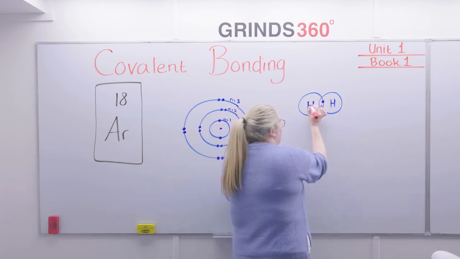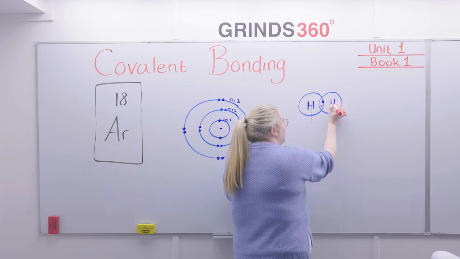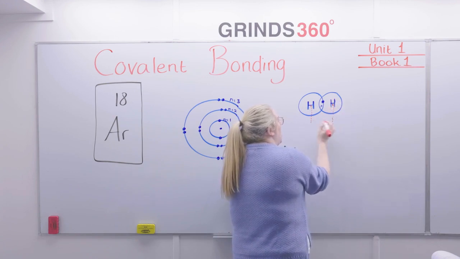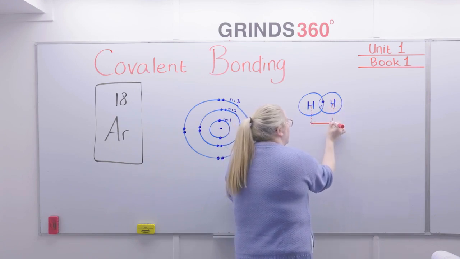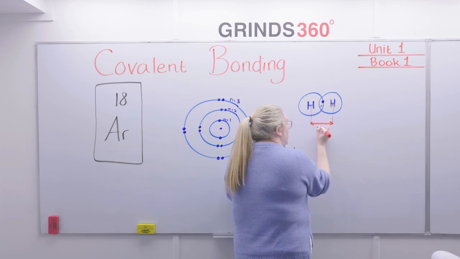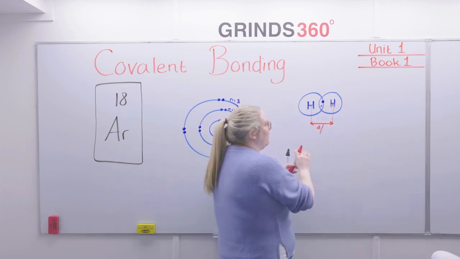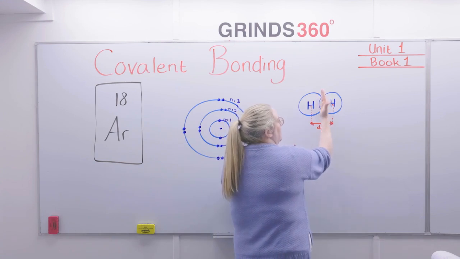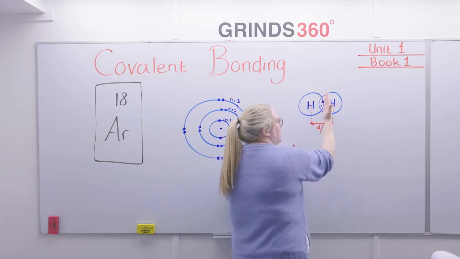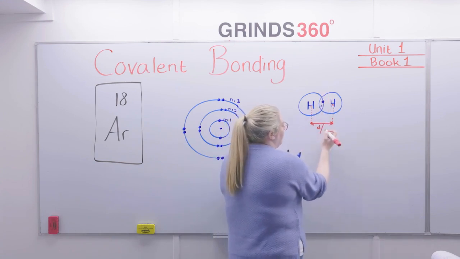So if the nucleus of this hydrogen is here, and the nucleus of this hydrogen is here, when you measure the atomic radius, you get the distance between two nuclei of atoms of the same element, and then you take half of it, because that is going to give you half that distance, from the nucleus to approximately the edge of the atom.